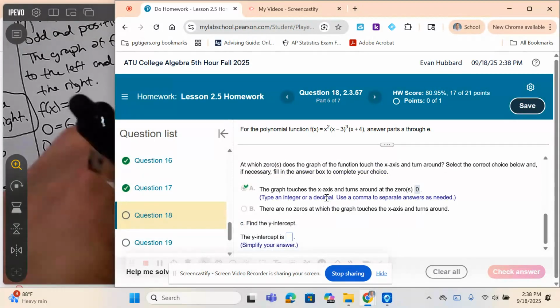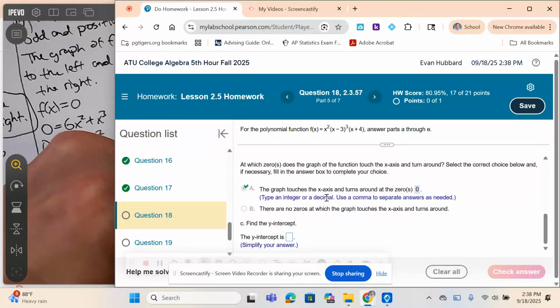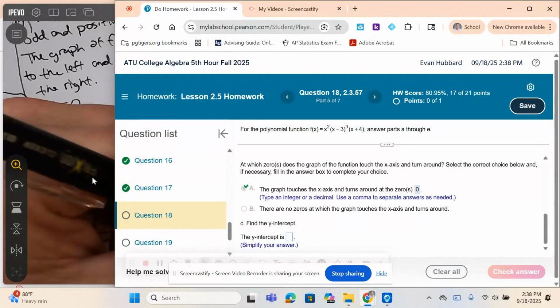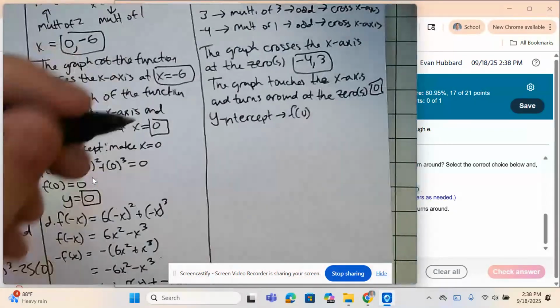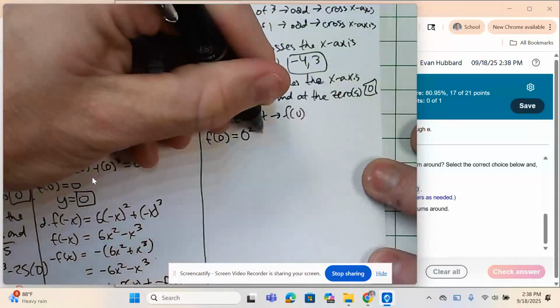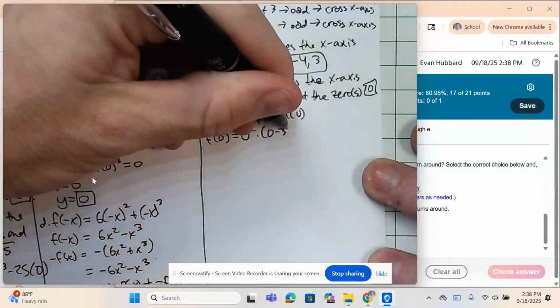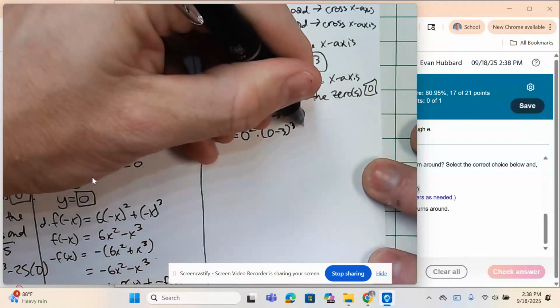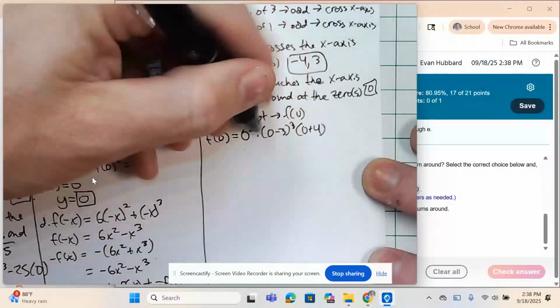All right, find the y-intercept. So for the y-intercept, you're going to do f of 0. Just plug in 0 for x. So f of 0 is going to be 0 squared times 0 minus 3 cubed times 0 plus 4.